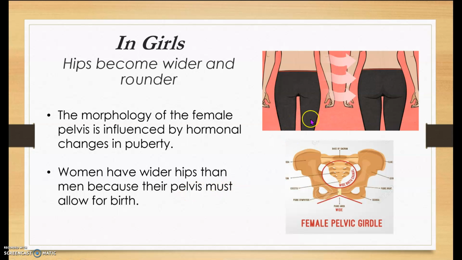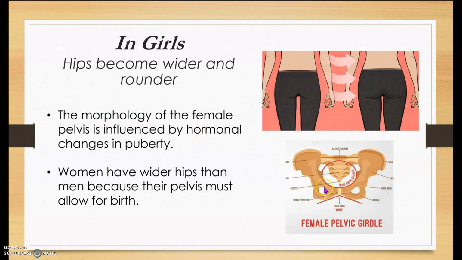So let's see this picture first. Okay, so this is during puberty already, but we can see our body or the hips is getting wider and also getting rounder. Okay, you can compare the two pictures because of the hormones during puberty.